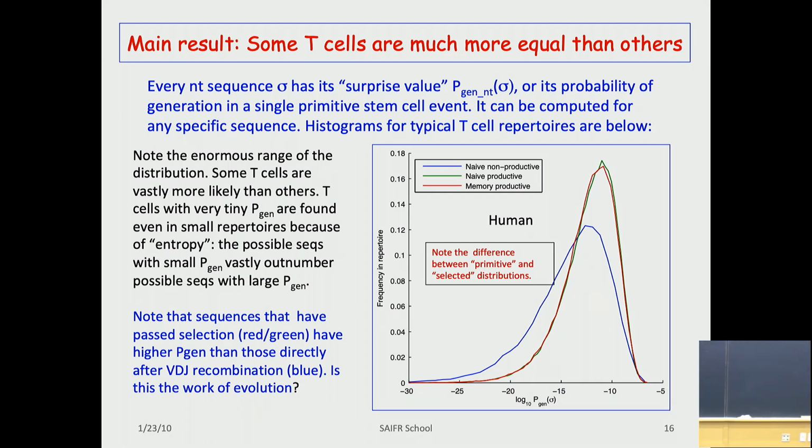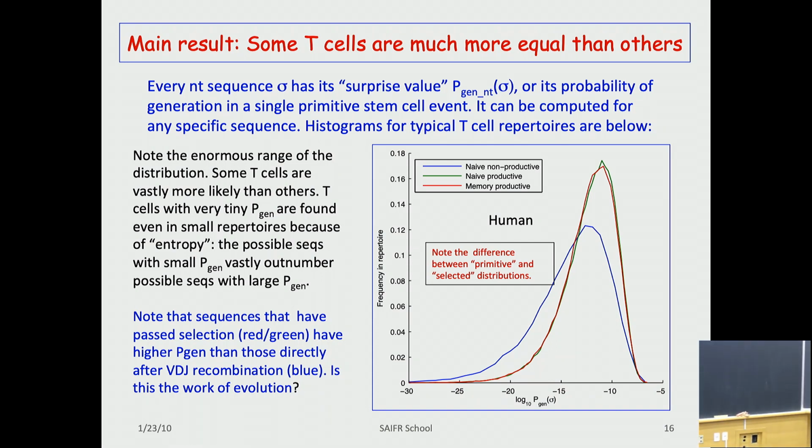This distribution is the same for both of those repertoires, and it surely means something that the selection process, going from being made in the first place to being approved for service in your functioning immune system, selects for higher generation probabilities.